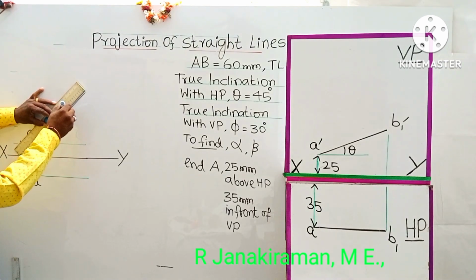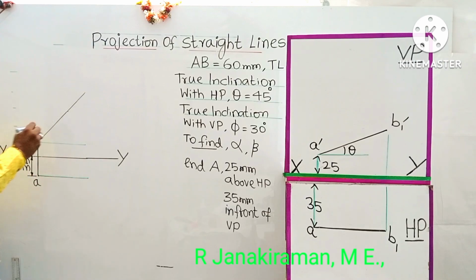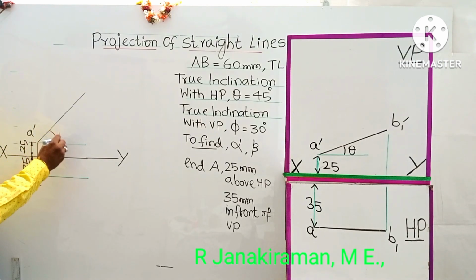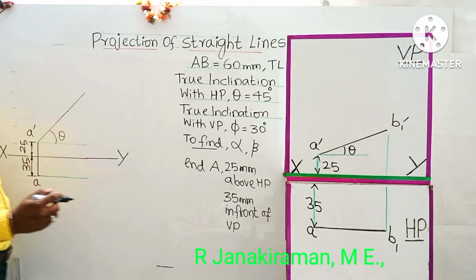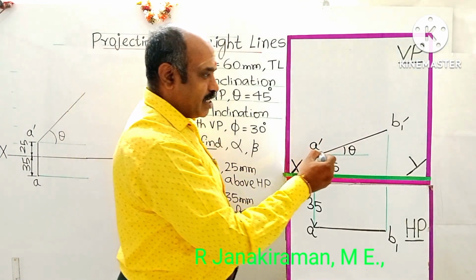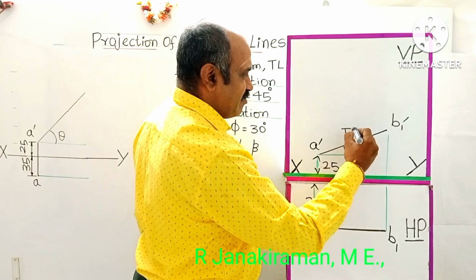This is the true inclination with HP. This angle theta is measured as 45 degrees, and the length of the line is given as seen in the front view. That is a true inclination. This is TL. TL stands for true length.